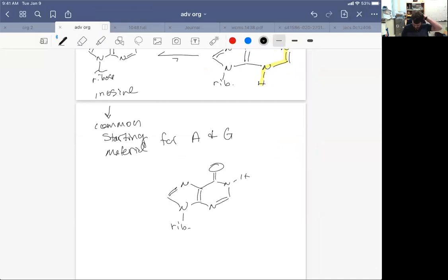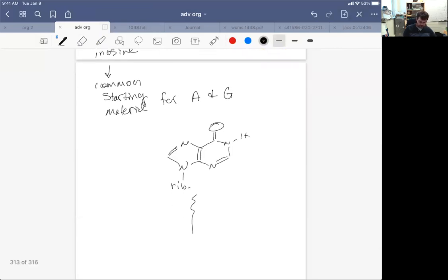Okay. So if we take this structure and do this with GTP and aspartate, we get GDP and Pi.